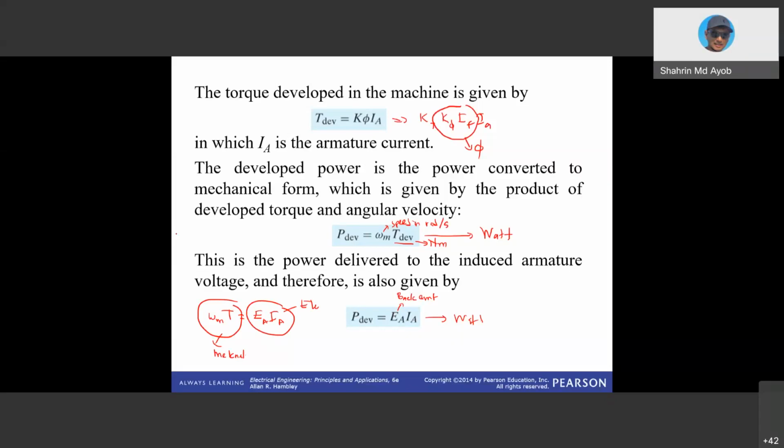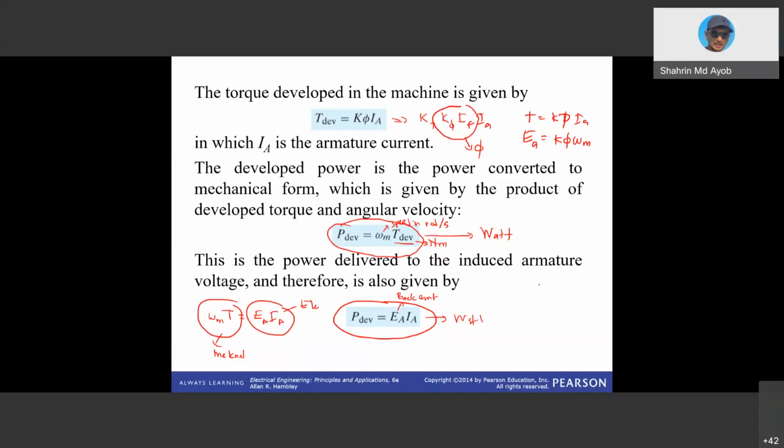This is also very important. You need to know these equations. Right now you have four equations. The first is torque, which is K flux IA. Then EA, which is K flux speed.